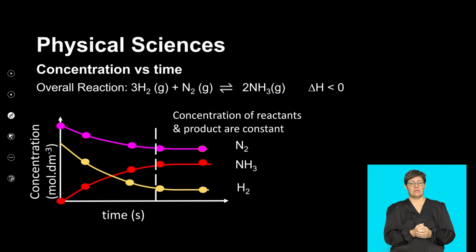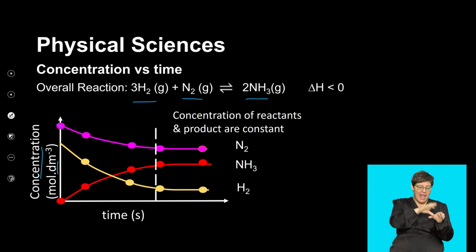Now, we have in front of us the concentration graph that I showed to you before. Remember what we said? This is the nitrogen, the purple line. We have a yellow line, which is the hydrogen gas, and then the ammonia is the red one. Just remember, this is a concentration graph, so it will look at the different concentrations of the substances.